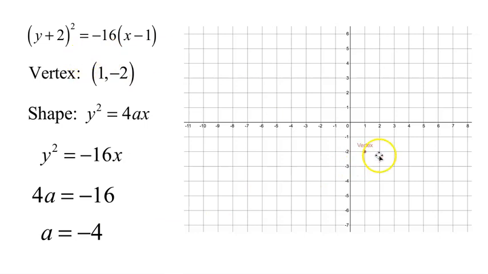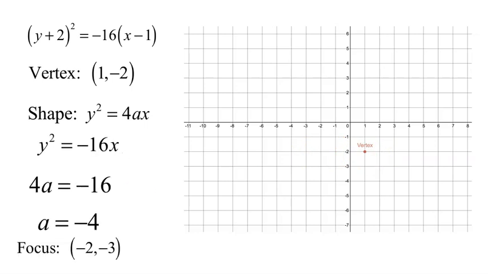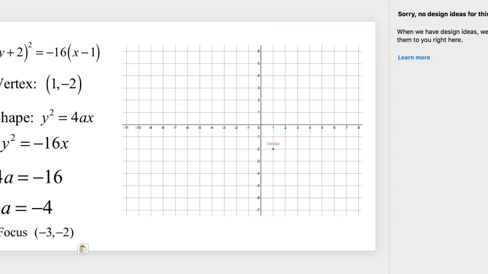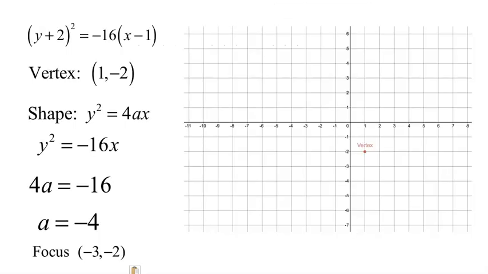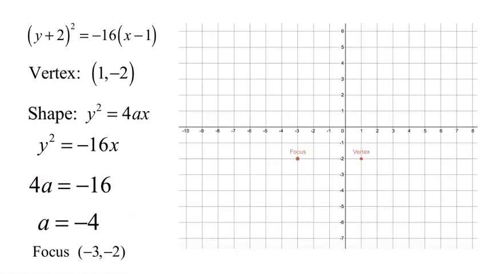And this time it's opening leftward, so 4 units to the left, 1, 2, 3, 4, puts my focus here at negative 3, negative 2. Check that. I think I have to fix that. And it is fixed. Focus negative 3, negative 2, which is here.